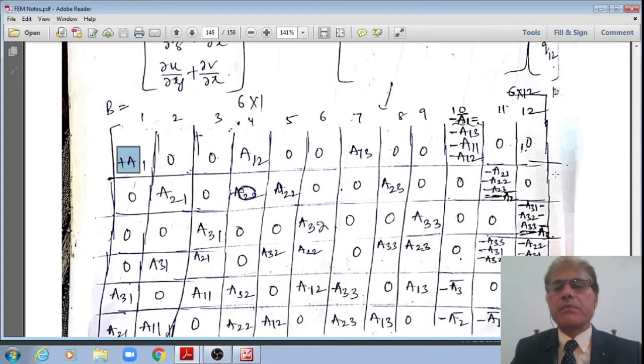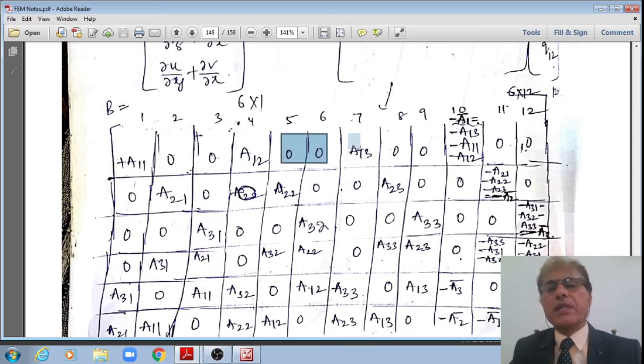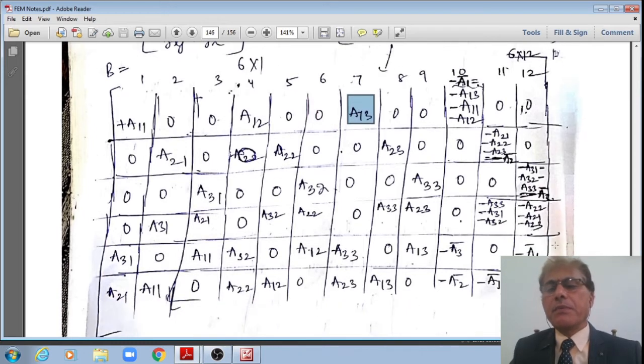a11 multiplied by q1, and 0 multiplied by q2, 0 multiplied by q3, a12 multiplied by q4, and 0 multiplied by q5, 0 multiplied by q6, a13 multiplied by q7, right? Then 0 multiplied by q8, 0 multiplied by q9.